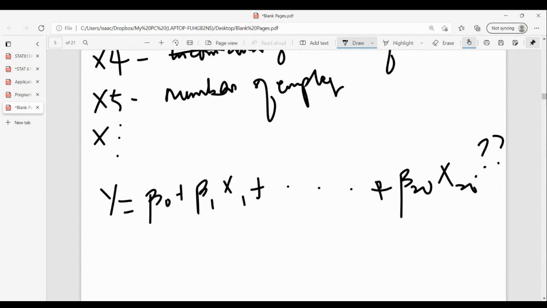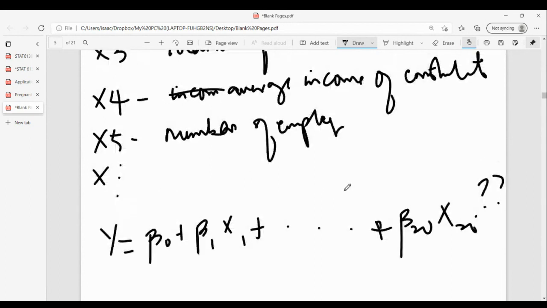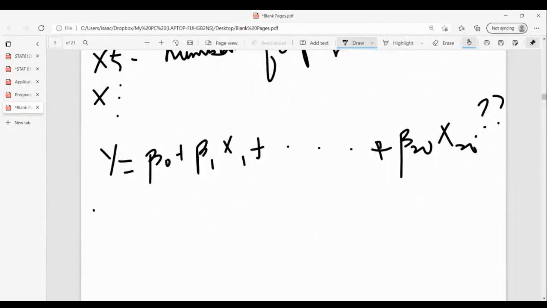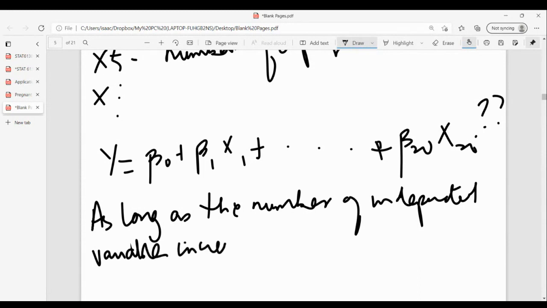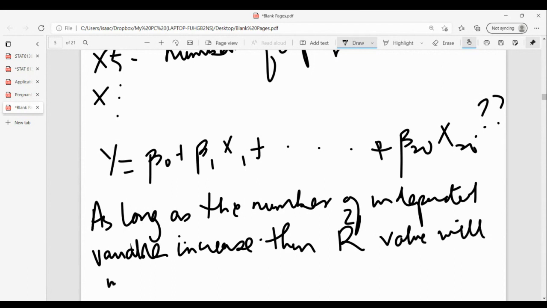The thing about multiple linear regression is this. It works like this, right? As long as the number of independent variables increases, then your R squared value will increase.